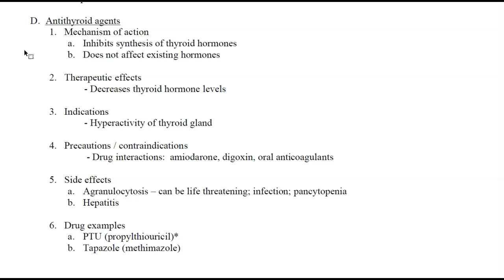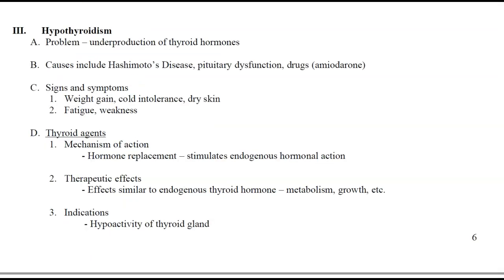Another side effect includes hepatitis or inflammation of the liver because it is hepatotoxic. So this drug is toxic to the liver, especially in large quantities. The medication that you have to remember is PTU or propylthiouracil.